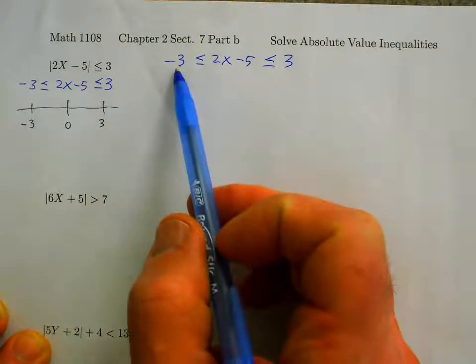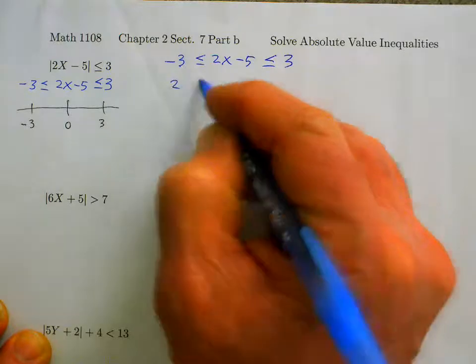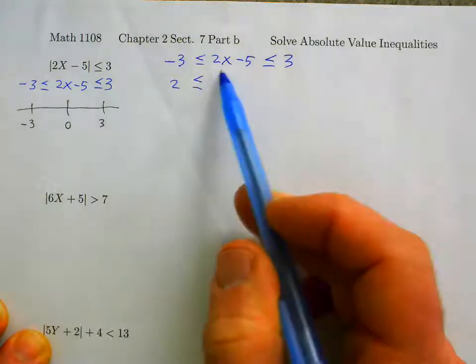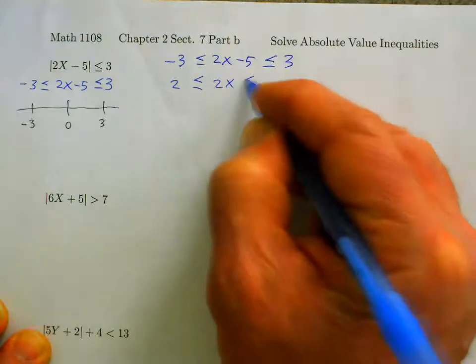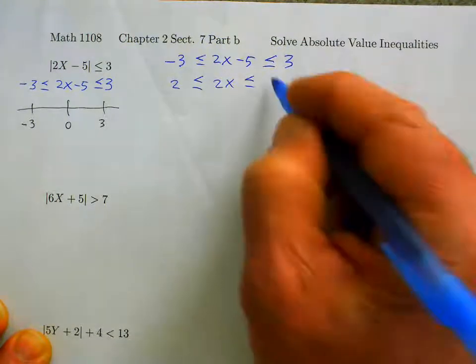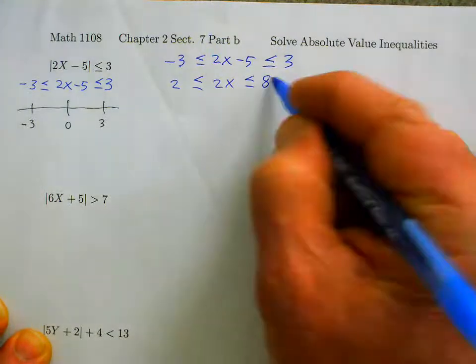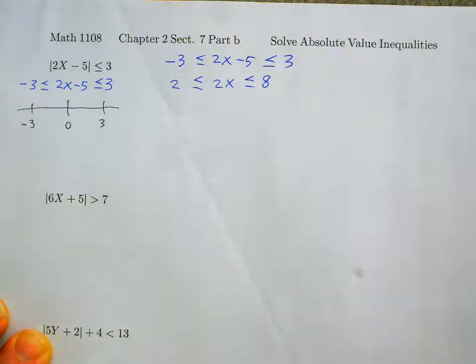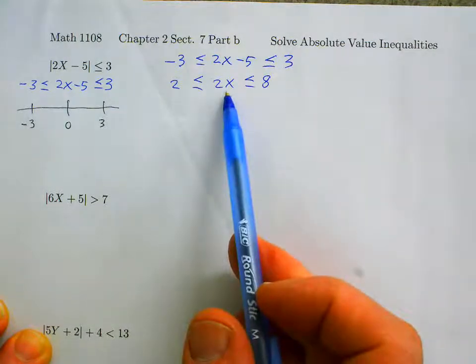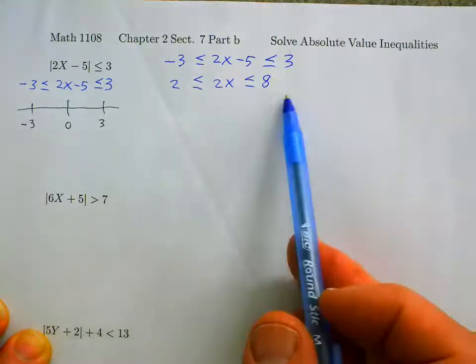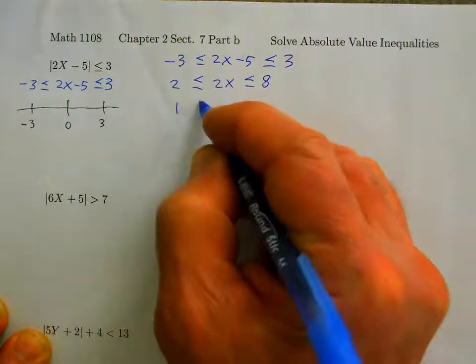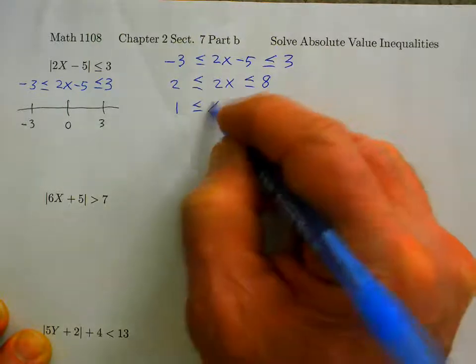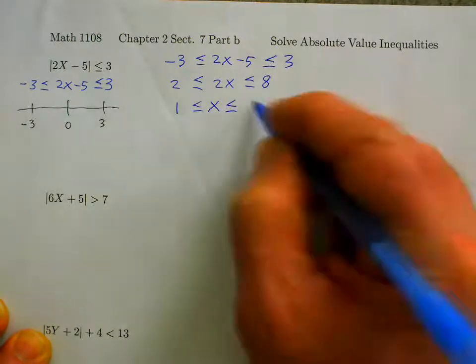So -3 plus 5 is 2, in the middle 2x minus 5 plus 5 is 2x, and on the right 3 plus 5 is 8. Then divide each of the 3 parts by 2. 2 divided by 2 is 1, 2x divided by 2 is x, 8 divided by 2 is 4.